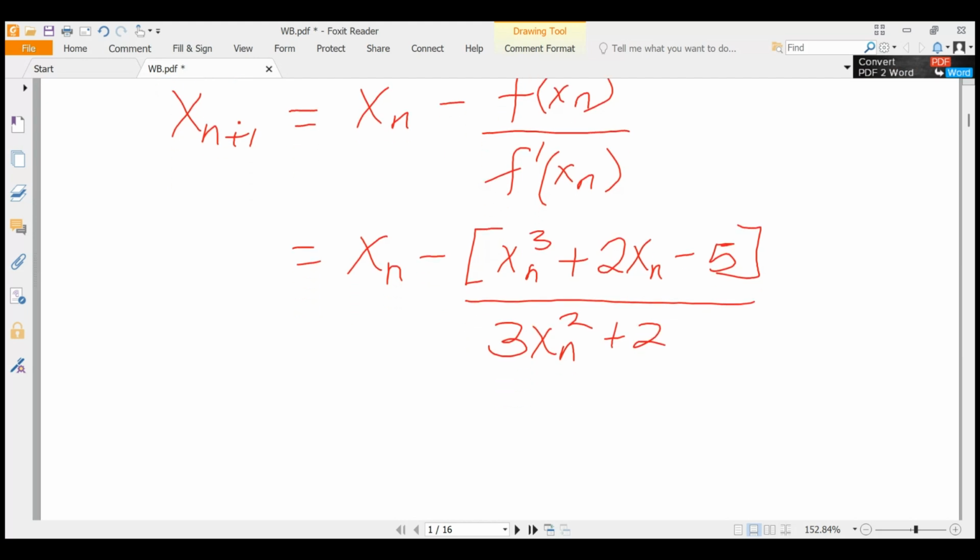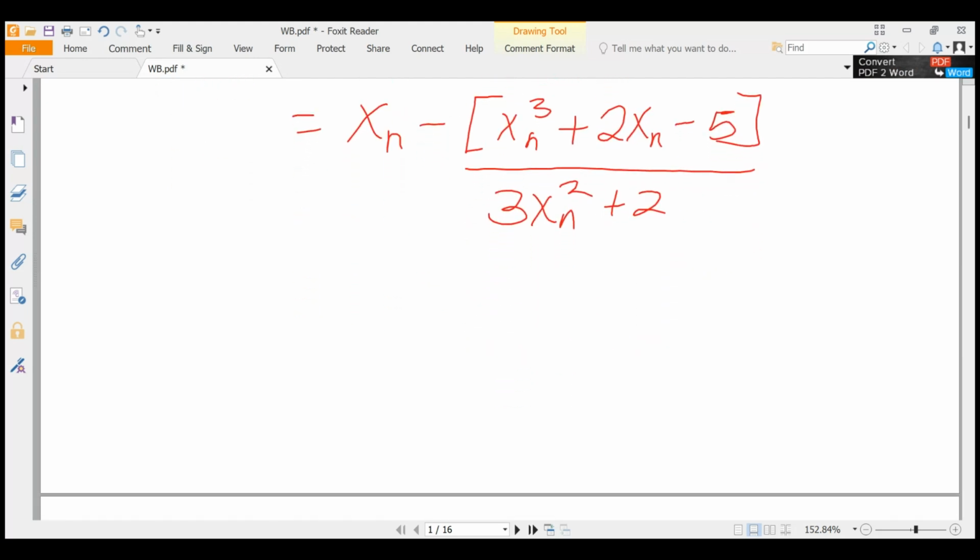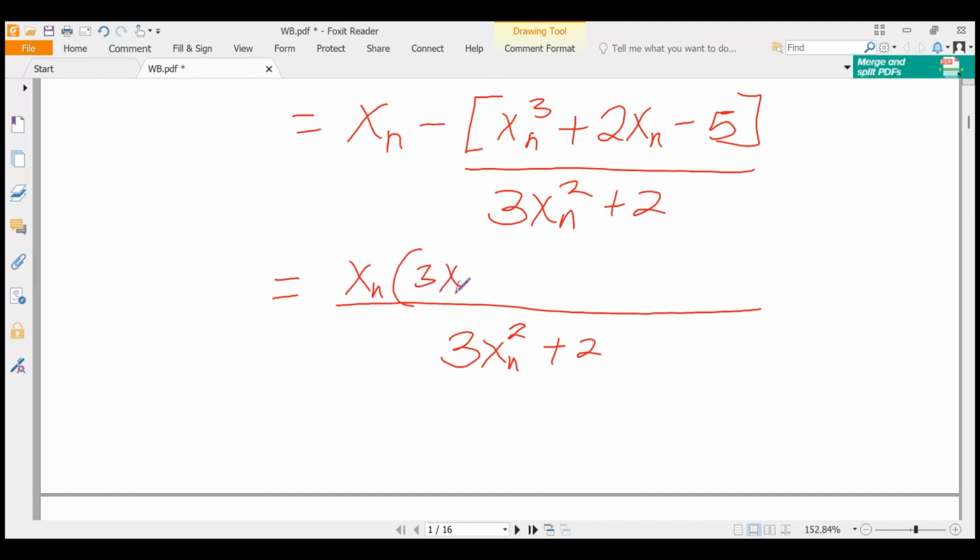We can probably simplify this first before applying. So we can put the terms over the common denominator, 3x_n squared plus 2. Then we shall have x_n times (3x_n squared plus 2) minus (x_n cubed plus 2x_n minus 5).